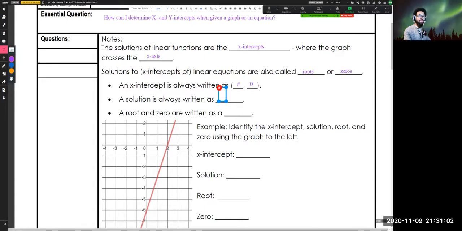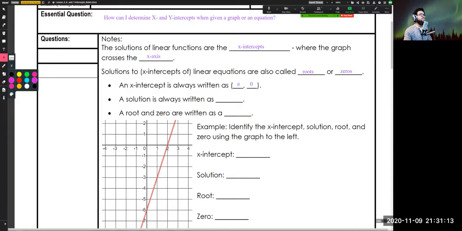A solution is always written as x equals whatever that number is. So x equals a number.